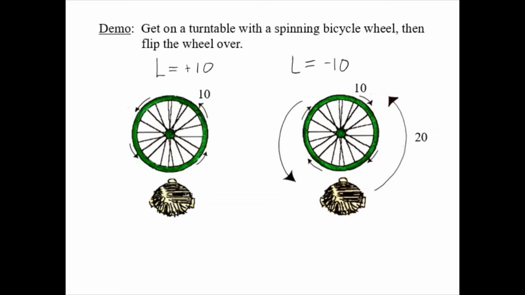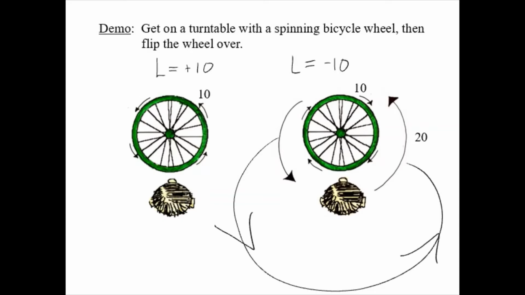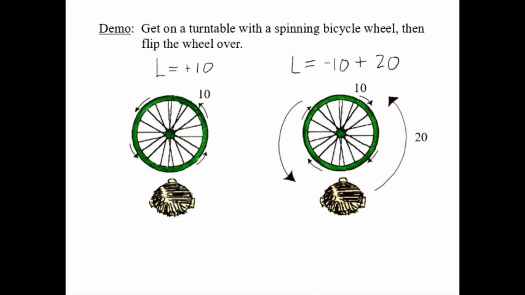And so what nature's going to do is spin me and the wheel around in a counterclockwise direction, such that the wheel and I spinning counterclockwise have positive 20 units of angular momentum. When that is added to the clockwise, or negative, angular momentum of the bicycle wheel, I still have a net of positive 10 units of angular momentum in the system.